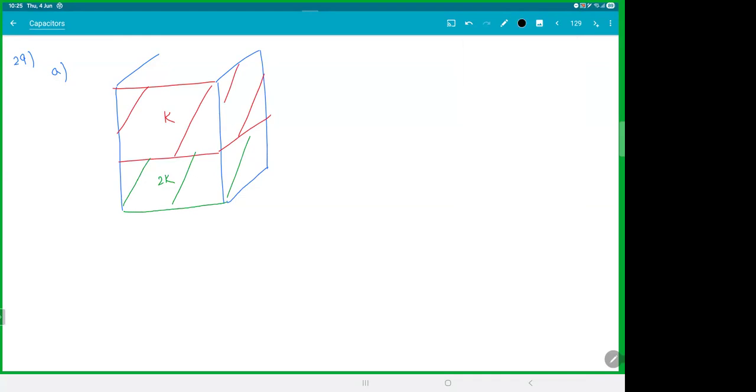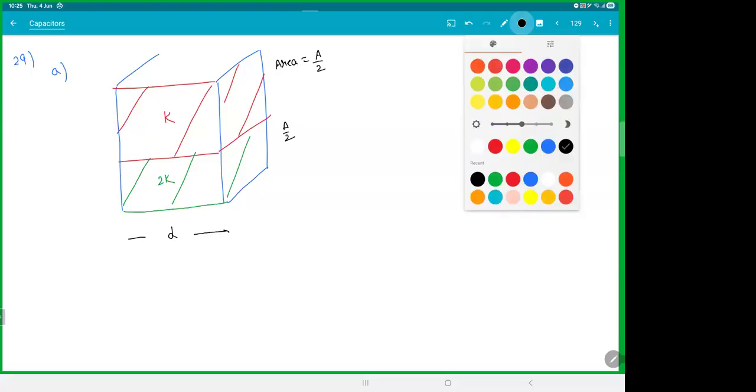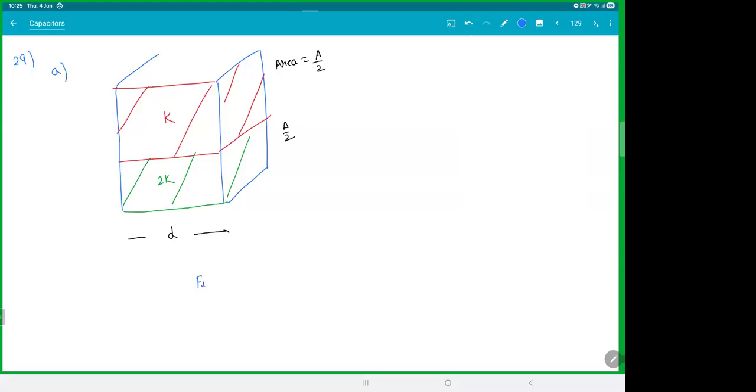Here we're calling it dielectric constant. The distance is d between them. Area is A by 2, area A by 2. Find the C equivalent. So the upper half is filled with K and the lower half is filled with 2K. Find the equivalent capacitance.